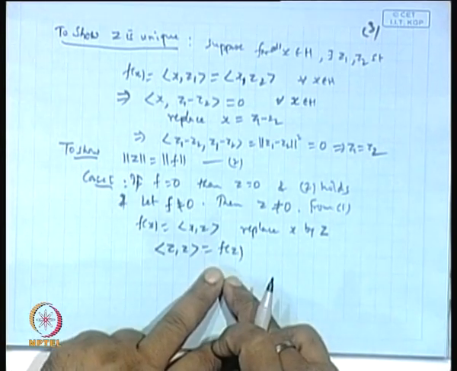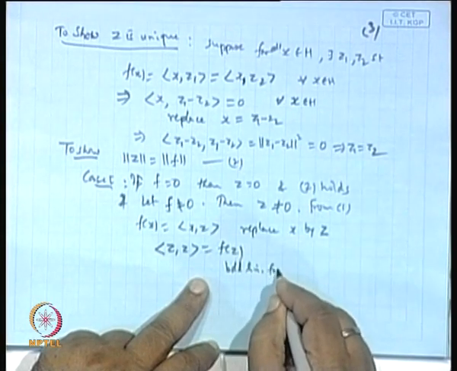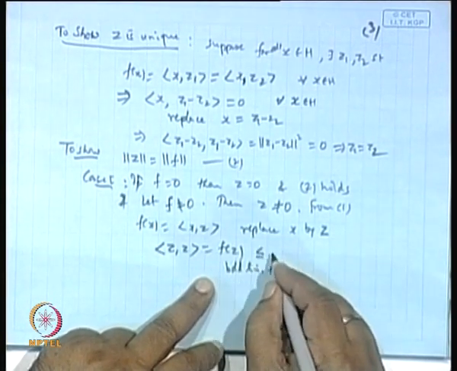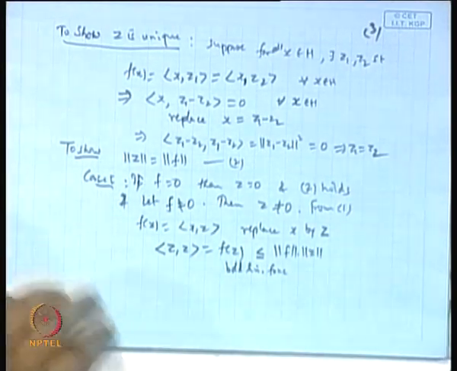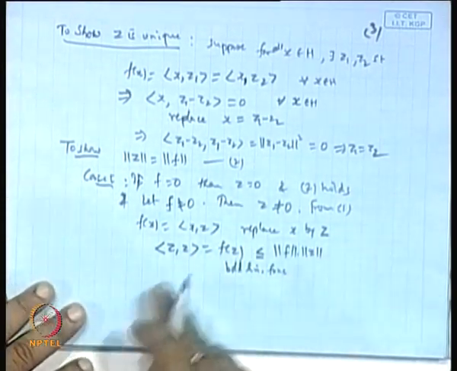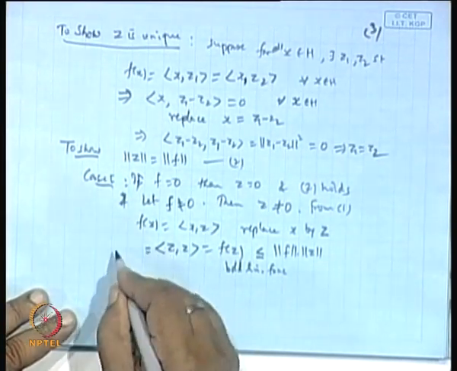But f is a bounded linear functional, so it will be less than or equal to norm of f into norm of z by definition. But the left side is equal to norm z square. So we get norm z square.